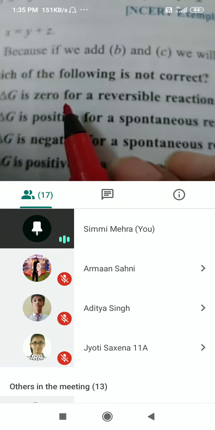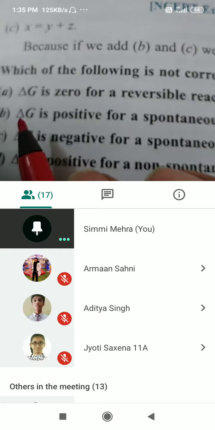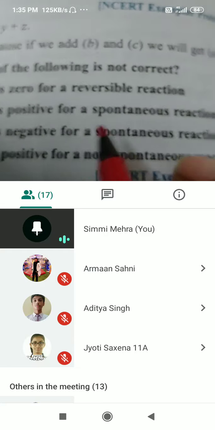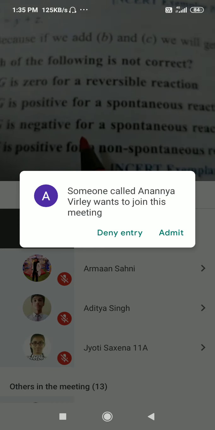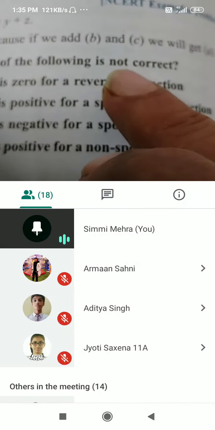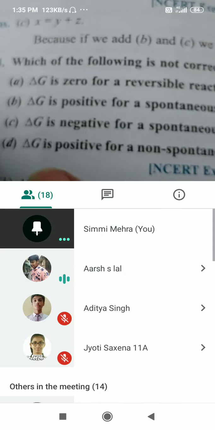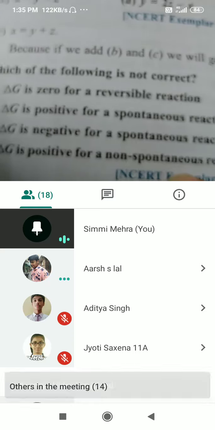Delta G is 0 for a reversible reaction. Delta G is positive for a spontaneous reaction. Delta G is negative for a spontaneous reaction. This is not correct. Delta G is positive for a non-spontaneous reaction.